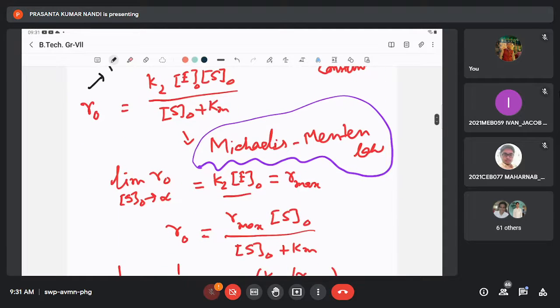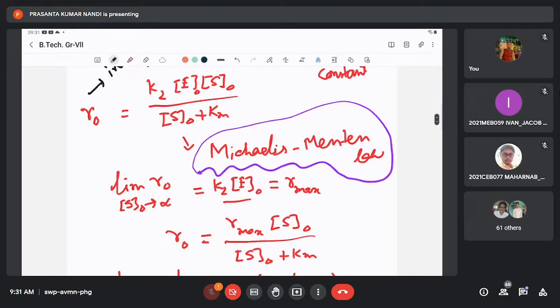Okay. And naturally, this equation for R0 can be written in compact form if we replace this product K2 E0, which is nothing but the maximum rate. Say, if we label this equation as equation 2, then equation 2 can be written like this.